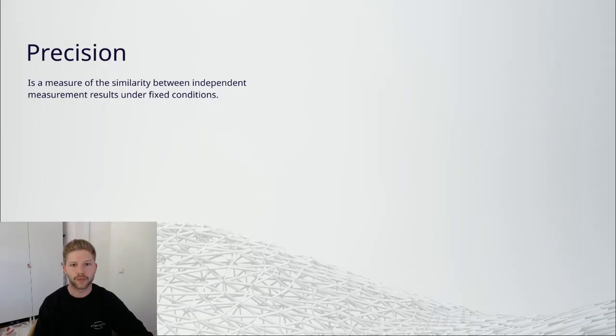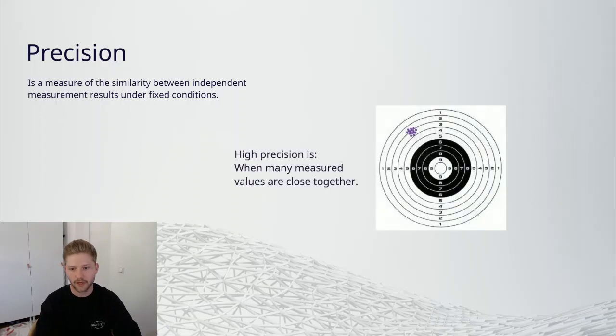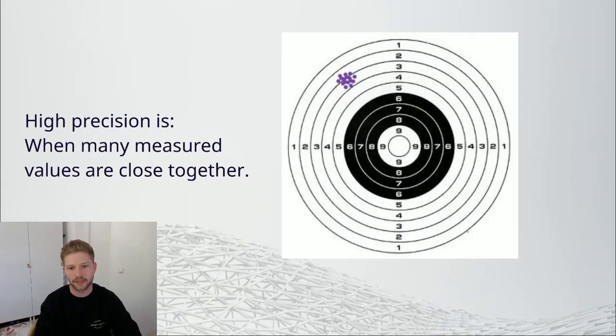The word precision means a measure of similarity between independent measurement results under fixed conditions. To explain it a little easier, I have a picture for you. You see the purple points, and each purple point is a measurement. High precision is when many measured values are very close together, and you see it right there.